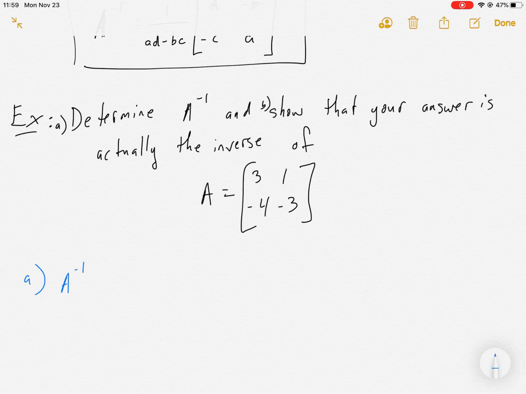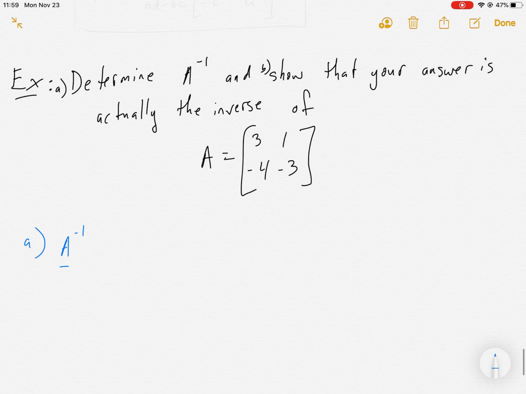Now there's a couple ways to do that. Well, no, there's one way to do it, and then I'll talk about the final answer. So to find A inverse, we're first going to need to figure out what A times D minus B times C is. So let's go ahead and do that. 3 times -3 is -9 minus 1 times -4.